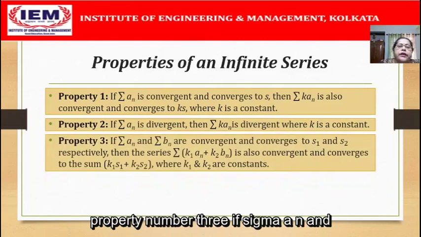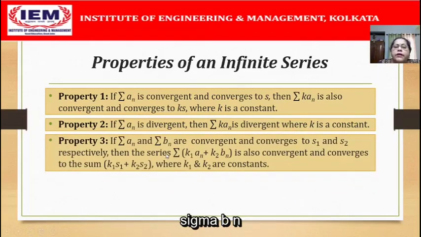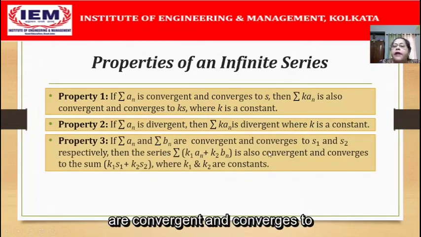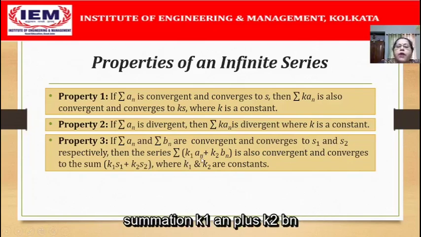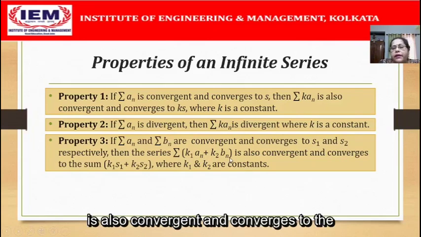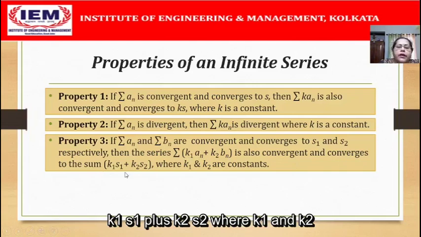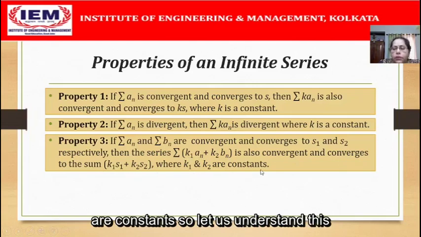Property number 3: if sigma a_n and sigma b_n are convergent and converge to S1 and S2 respectively, then the series summation k1 a_n plus k2 b_n is also convergent and converges to the sum k1 S1 plus k2 S2, where k1 and k2 are constants.